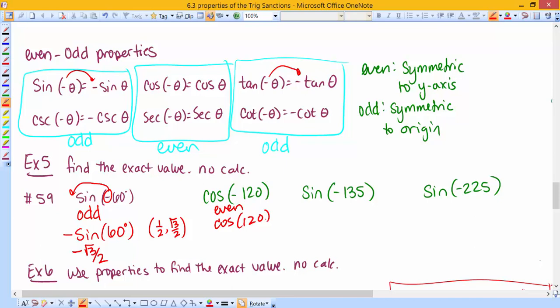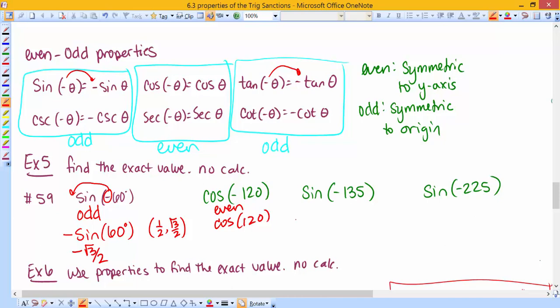If you remember, cosine is positive in quadrants 1 and 4, where sine is positive in 1 and 2. This does have a lot to do with that, as we're talking about odd and even functions. You are welcome to use the negative angles instead of having to worry about even and odd and using the reflection in the circle. That's fine.